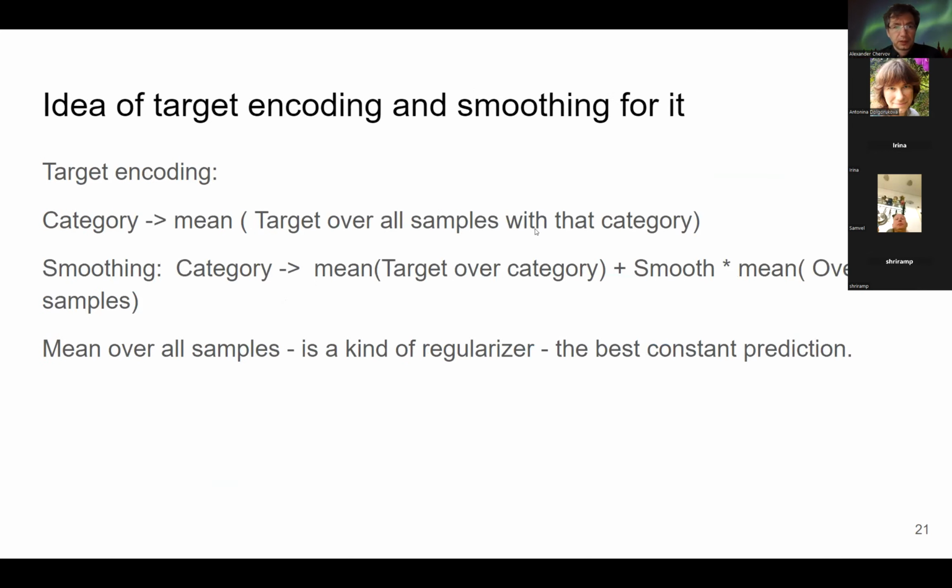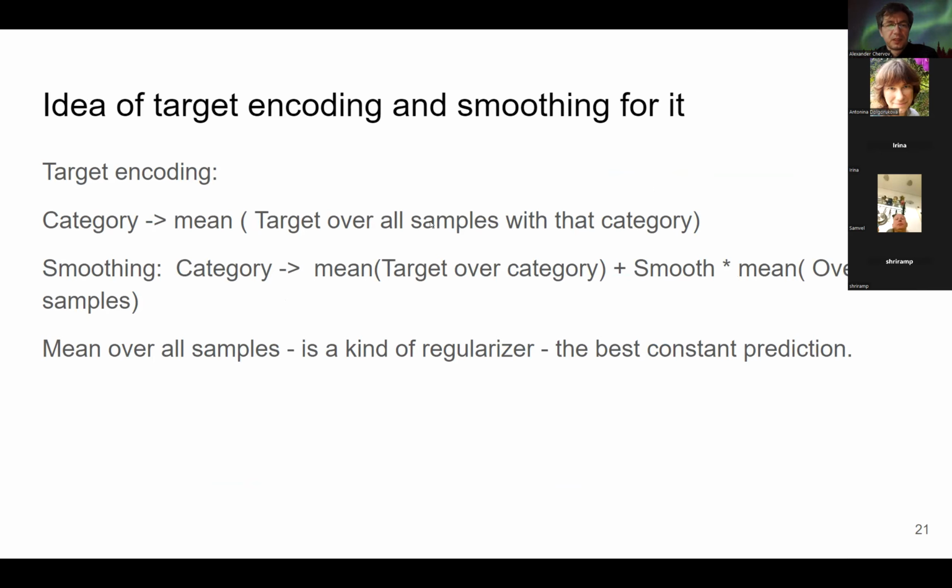I think the most useful is the so-called target encoding, and it's useful to use so-called smoothing. So what does target encoding do? It takes a category, and you calculate the mean of the target over the samples in that category.